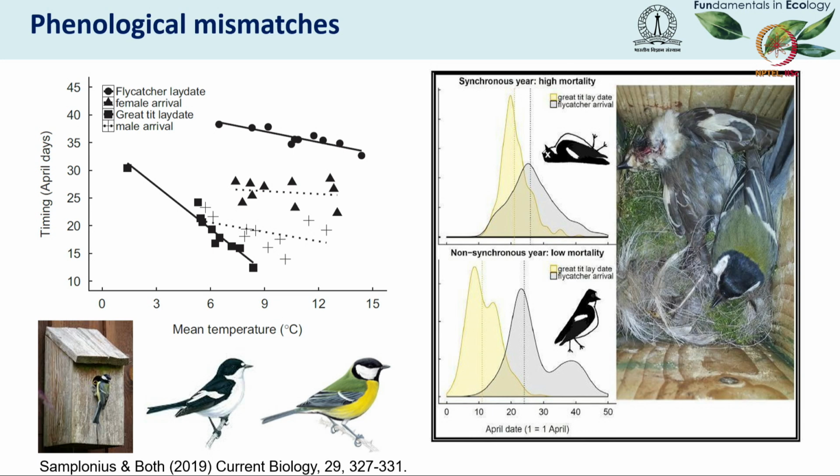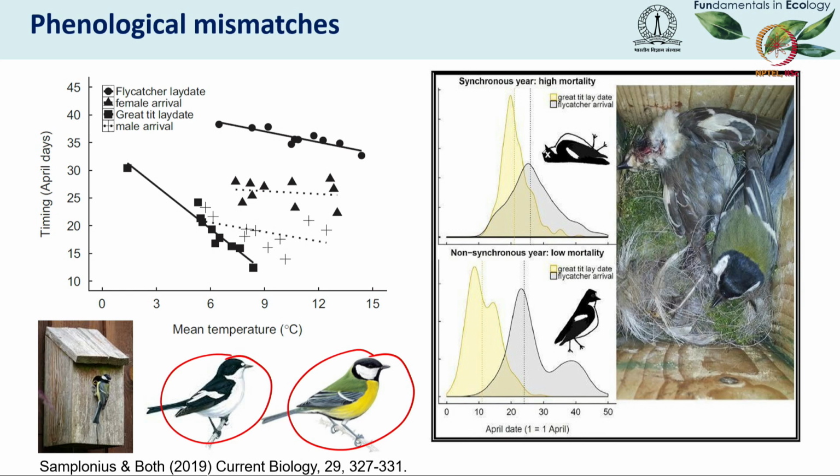Phenological mismatches can also occur between species like the pied flycatcher, which is this species here, and the great tit. Now, the pied flycatcher is a migratory species. It breeds in Europe during the summer and then goes to Africa in the winter. It stays the winter in Africa and then comes back every year to Europe to breed.